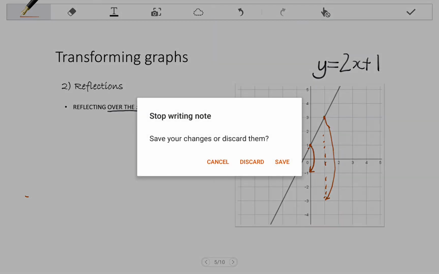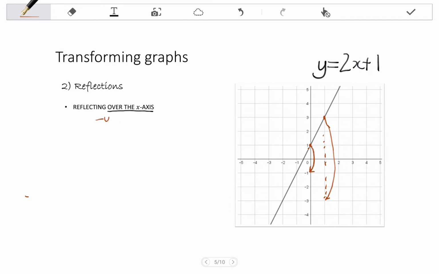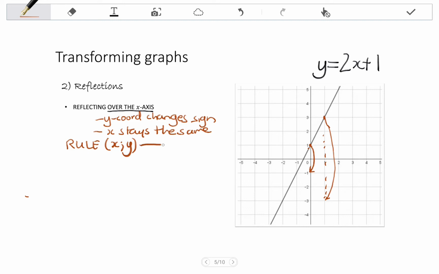So if I'm reflecting over the x-axis, the y-coordinate changes sign, where x stays the same. And we can actually write a rule for this. The rule is, if I take any coordinate (x, y), it changes to x stays the same and y changes sign. So if I started with a positive, it would go to a negative y.